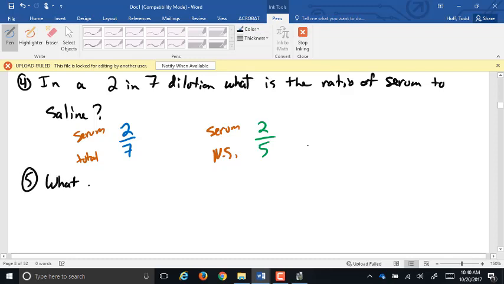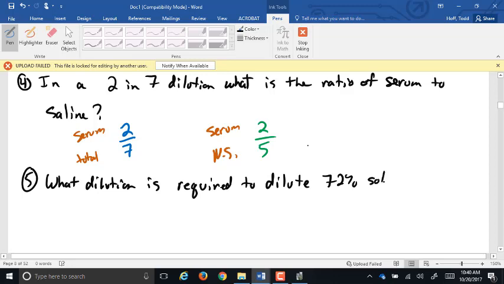What dilution is required to dilute a 72% solution to 27%?